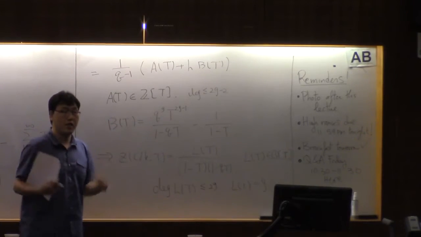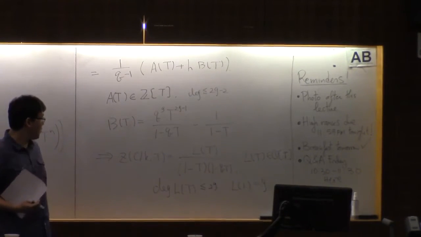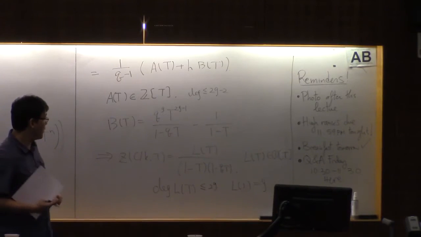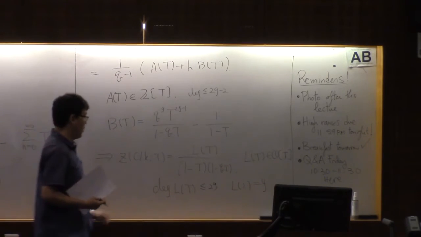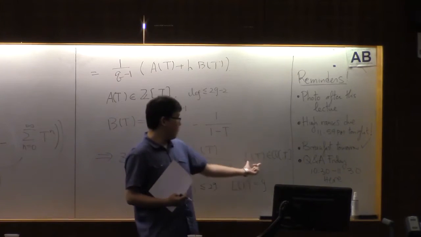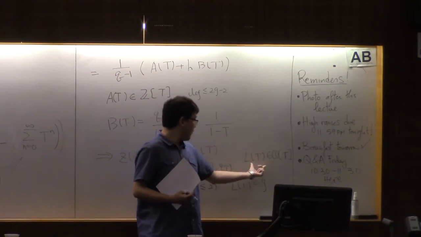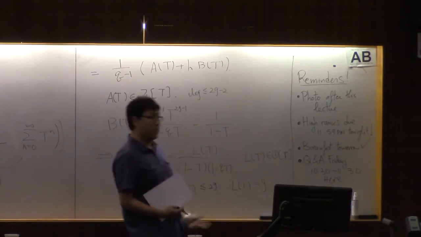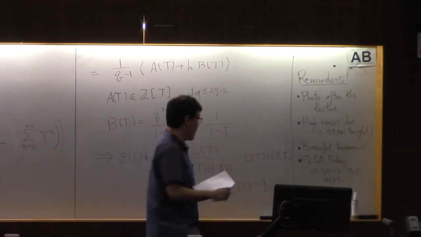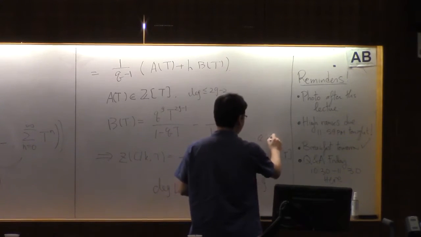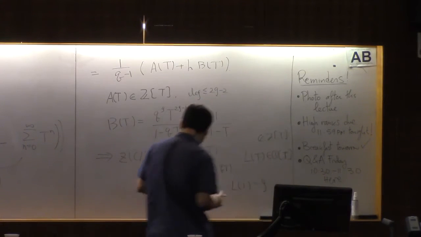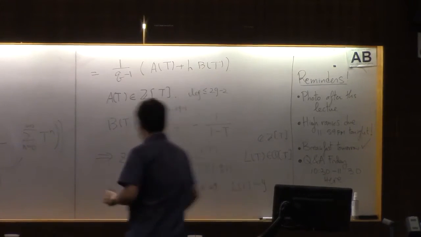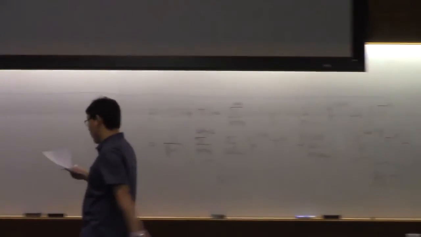If you just multiply them and expand, you will see that it gives you a formal power series with coefficients in the ring of integers. But then the coefficients of L(T) are all in the ring of integers, so you just take the intersection, and it tells you that this is actually an element in the polynomial ring. So this is the proof of the rationality.